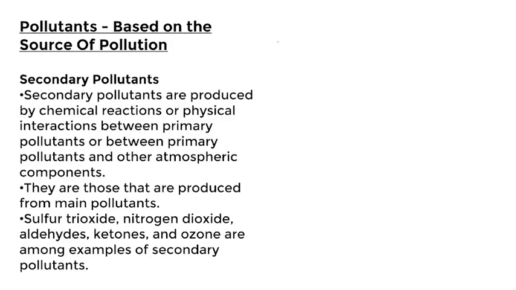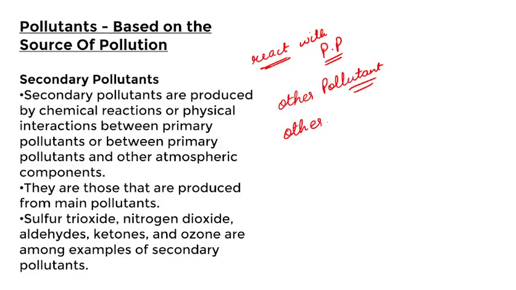When these primary pollutants go into the environment, they react with other primary pollutants, I'm writing PP for primary pollutant, or they react with other pollutants, not just primary but other pollutants which are present over there, or might be possible with other substances over there, and then they form some other chemical composition which creates pollution. So that kind of pollution is called secondary pollution.